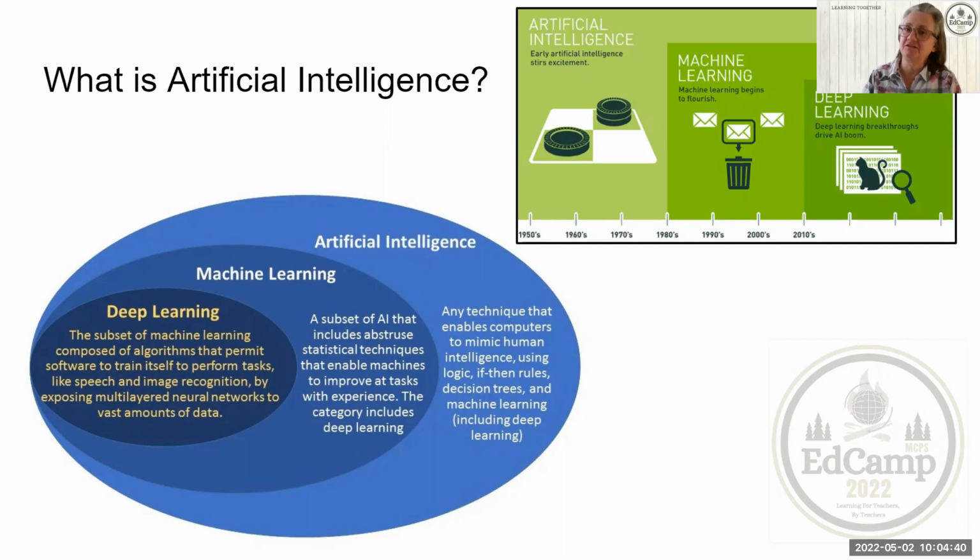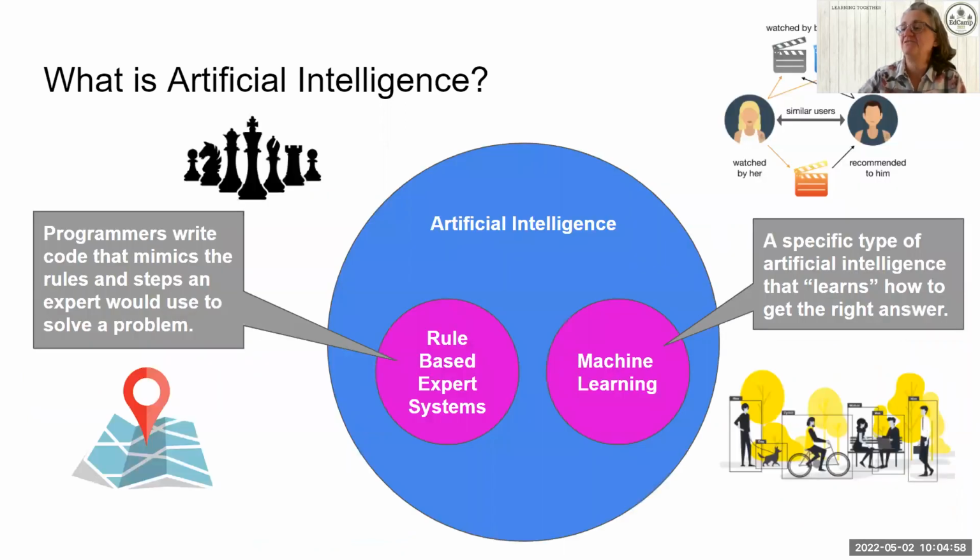It's only more recently that we've started to get into the really heavy duty artificial intelligence called deep learning, which is a subset of machine learning. That is because of the advancements in hardware and the speed of computers. So there are a lot of different layers to artificial intelligence, and a lot of different types of artificial intelligence as well.